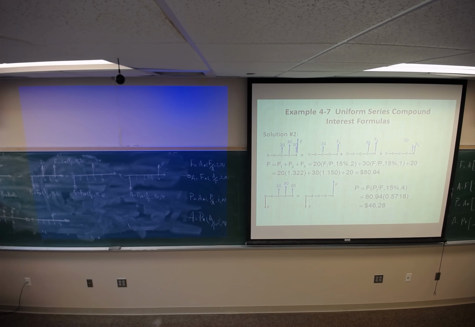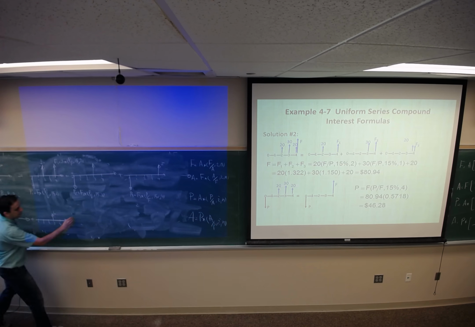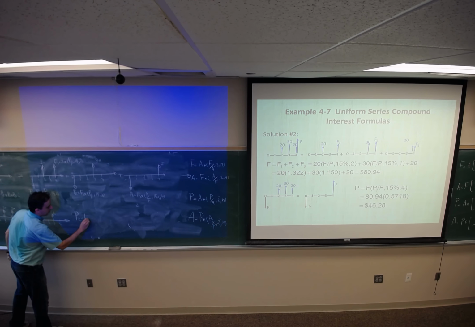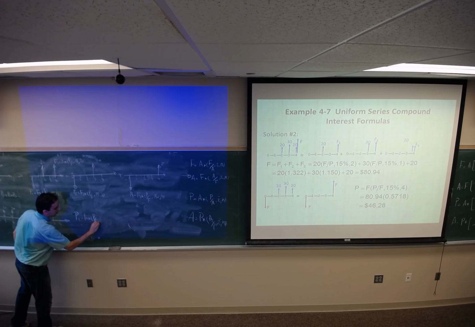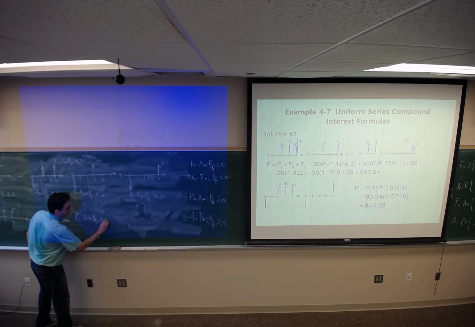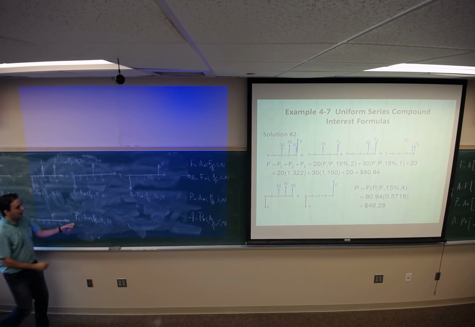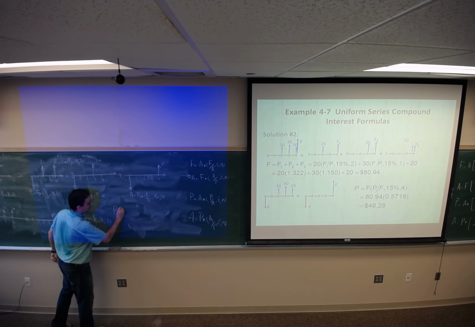The value that you will get here, it's going to occur at time 0 of this, which is P1. Then move this P1 to the present time. P1 times, we are looking for P when F is given, I is 15%, N is 1. So you can find P prime. Move this $10 to the present time, 1, 2, 3, and add these 2.